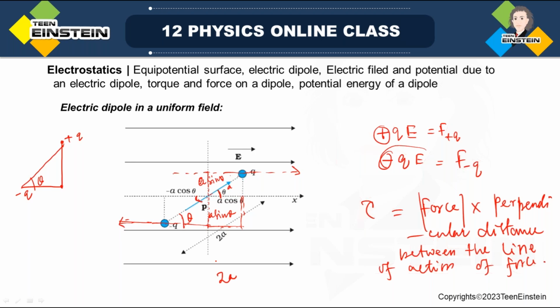So both together will be 2a sin theta. Okay, this is the perpendicular distance, and what is the magnitude of the force? QE.